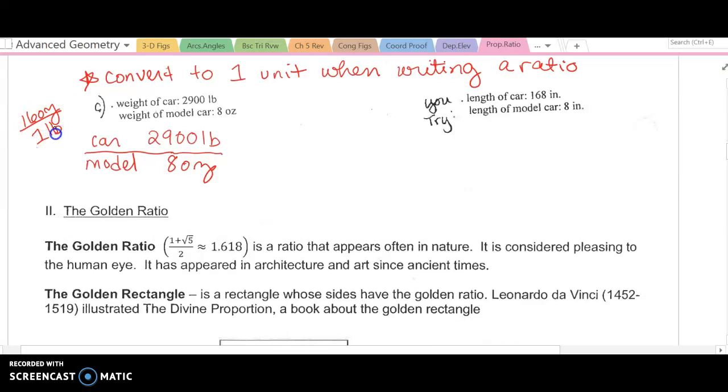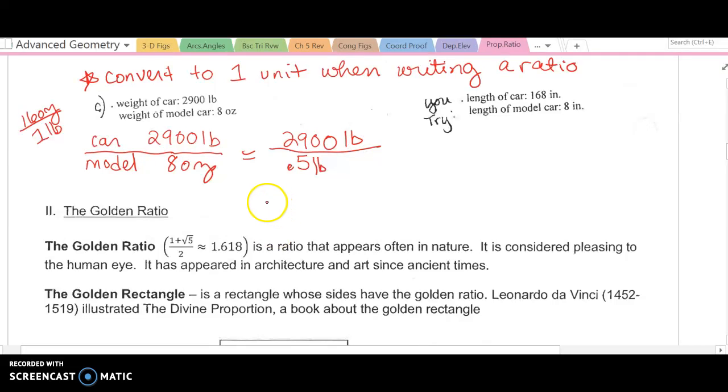And so check this out. 8 is half of 16, so 8 ounces would be 0.5 pounds, and 2,900 pounds is what I have on top.